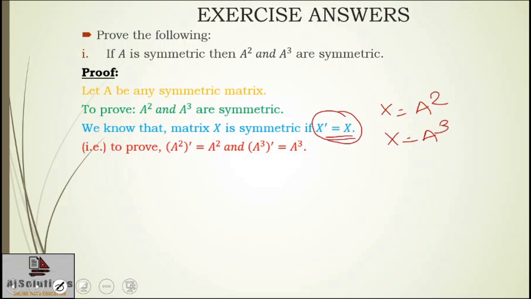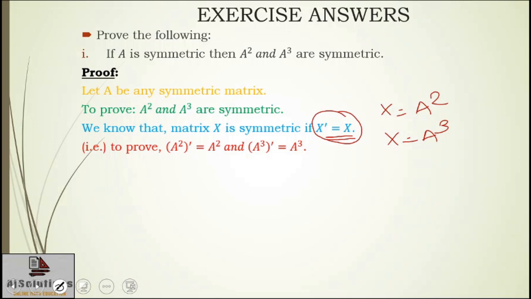If you do that, you will get this step number 4, that is the to-prove statement. After that, in step number 5, you have to prove the statement in step number 4 with the help of the assumption and previously known facts.